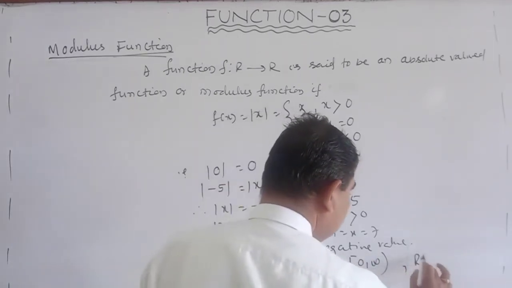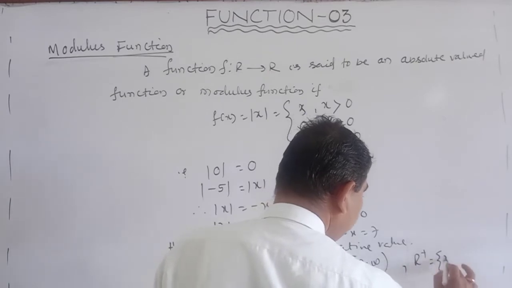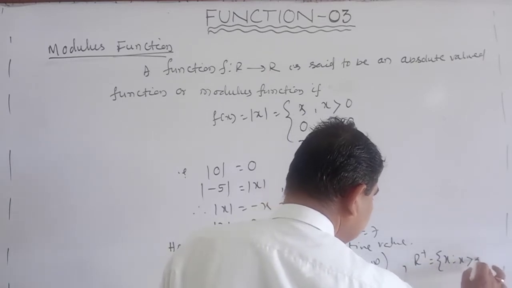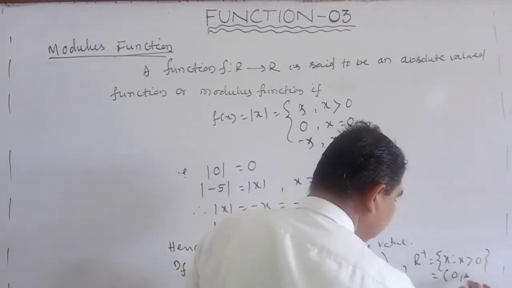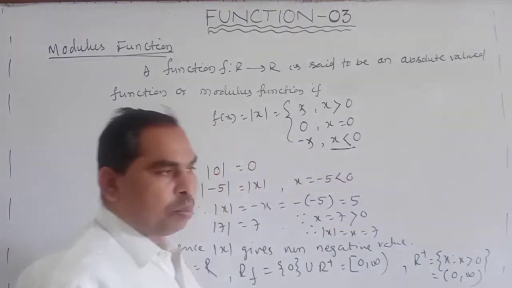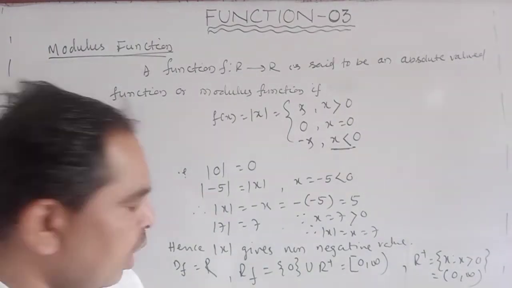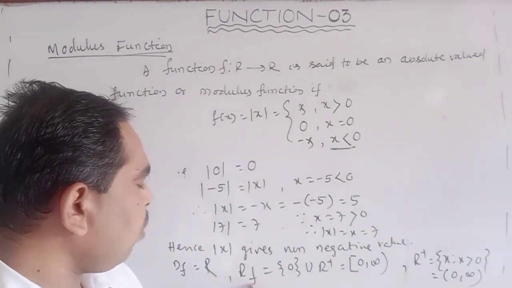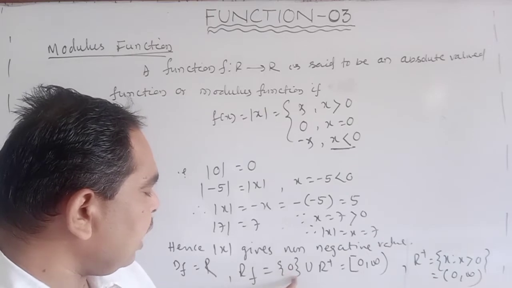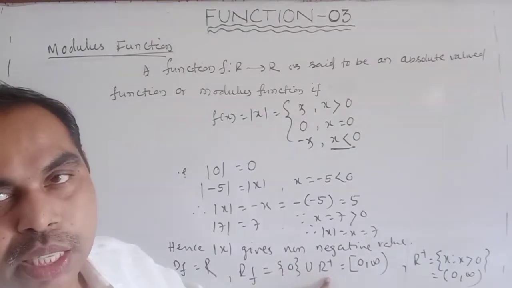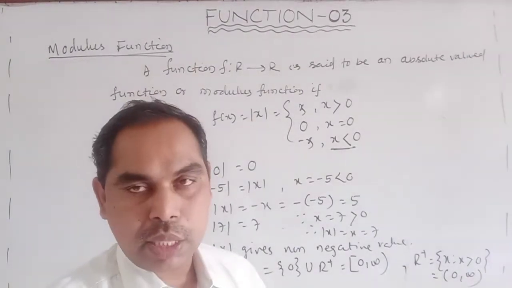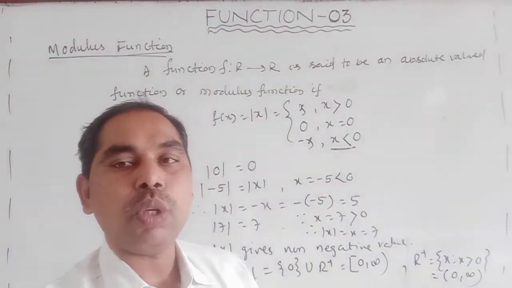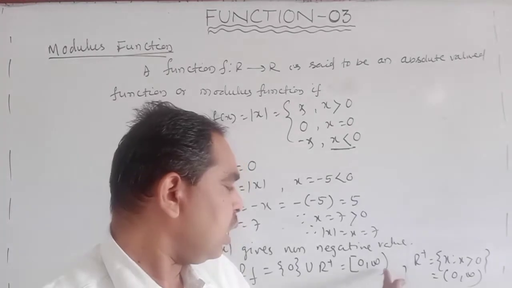R plus is equal to x such that x is greater than 0, that means the open interval 0 to infinity. In the case of R plus, 0 is not included. Hence the range of f is curly bracket 0 union R plus, that is the semi-closed interval 0 comma infinity. So this is the range of the function.